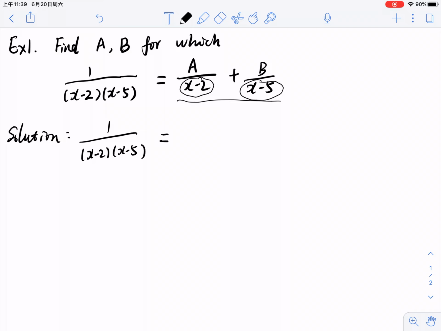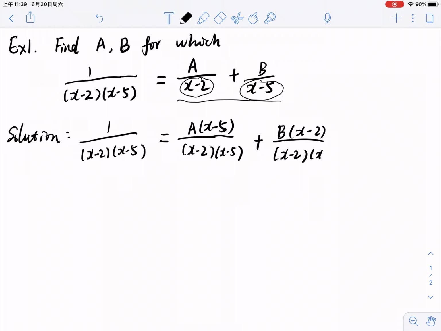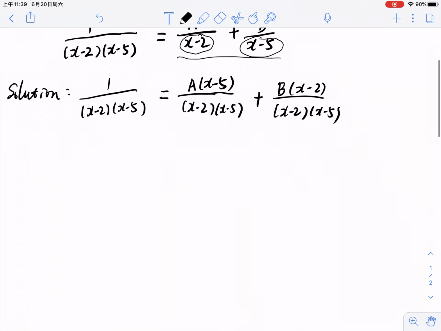So for the first expression, we multiply both numerator and denominator by x minus 5. Plus, for the second one, we multiply both numerator and denominator by x minus 2. Now they have the same denominator. We only need to add the numerators together.